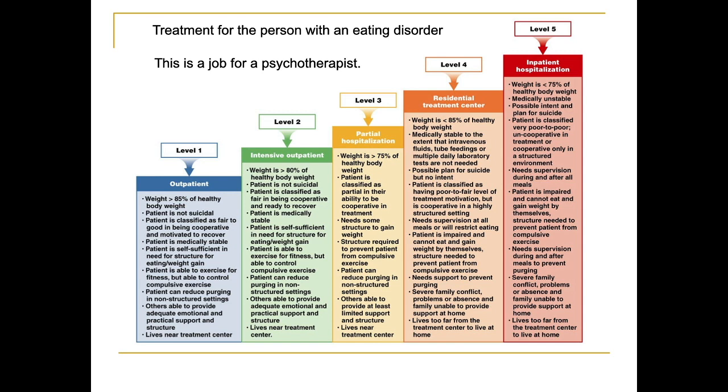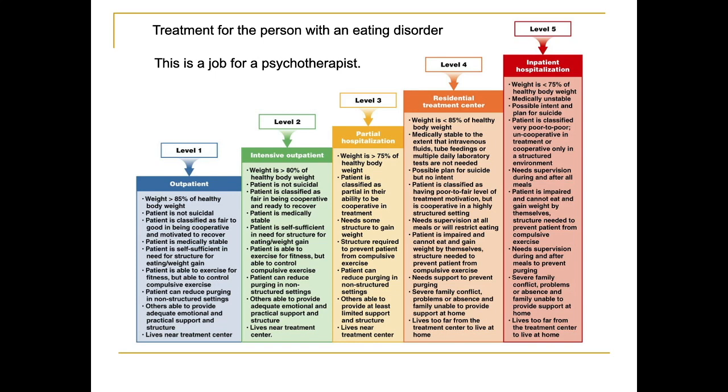And then the last level, the most severe, is called inpatient hospitalization. This is when your weight is severely low and you are medically unstable, which could lead to the requirement of being tube fed. You might be suicidal, either passively or intentionally.